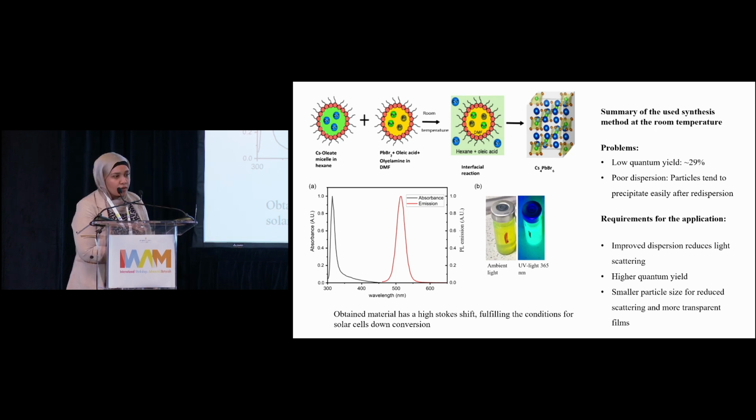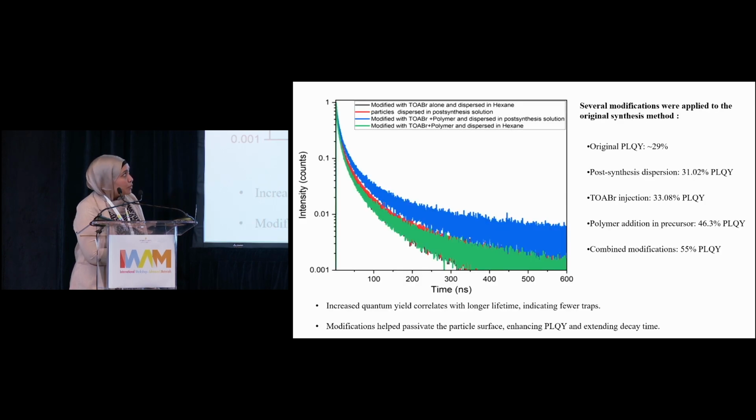So in order to overcome these problems, we decided to introduce various modifications to the synthesis process. After our modifications, we managed to move the quantum yield from 29% to 55% after combining all the modifications. We had various modifications depending on the step in the reaction. For example, one kind of modification was the post-synthesis dispersion of the particles.